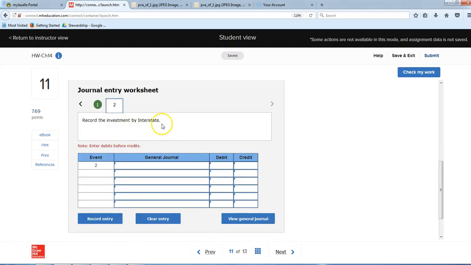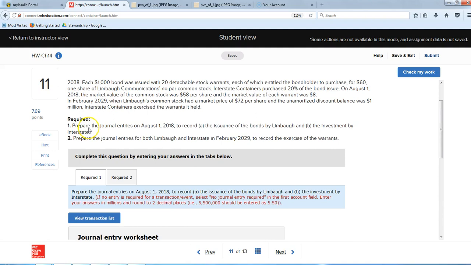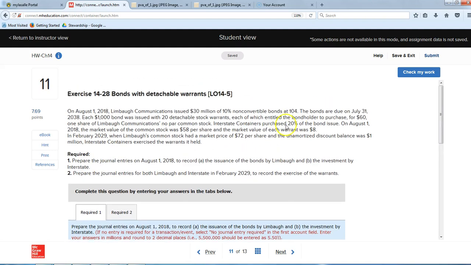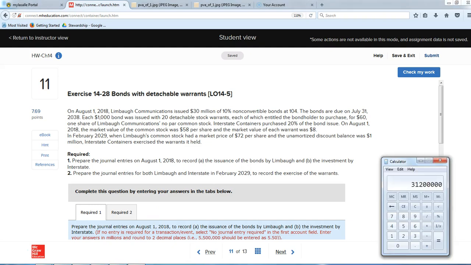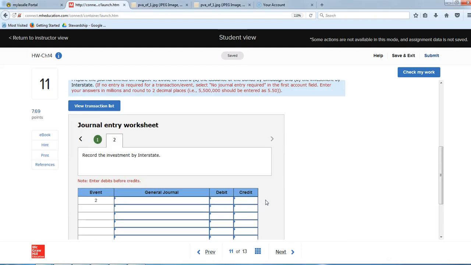Report the investment by Interstate under Requirement 1, August 1. So, Interstate purchased 20% of the bond issue. So, the investment in bonds is $30 million, 20% of it. So, Interstate had purchased $6 million of bonds.